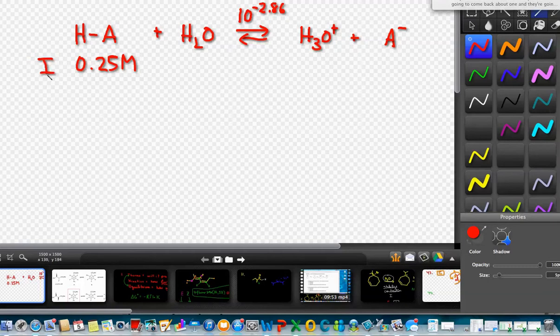Initially, this is what they have. Some of this will decompose to produce product.